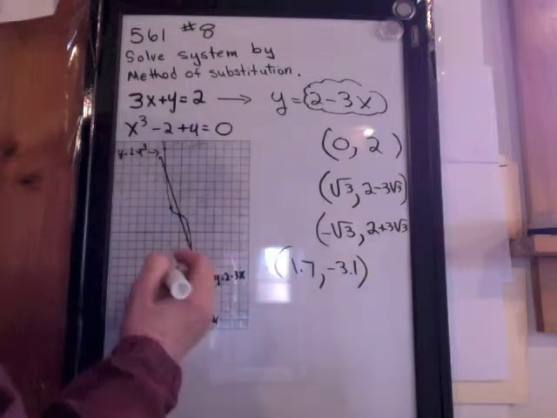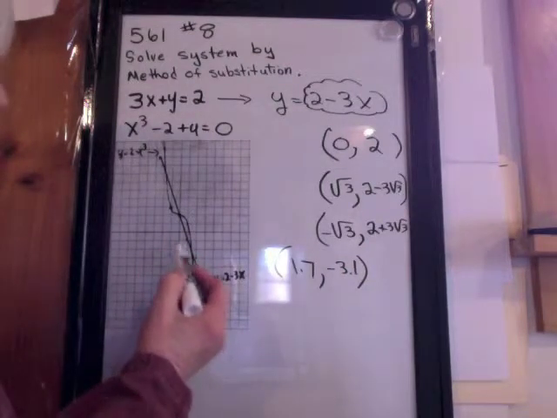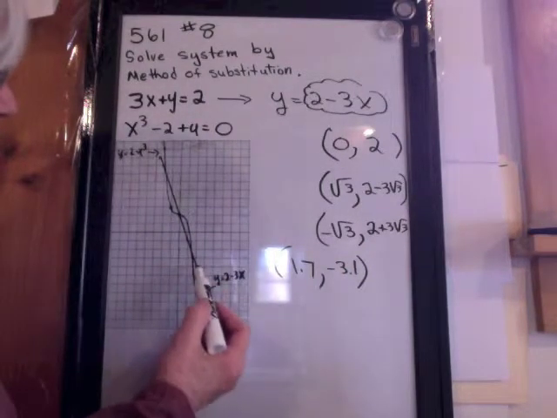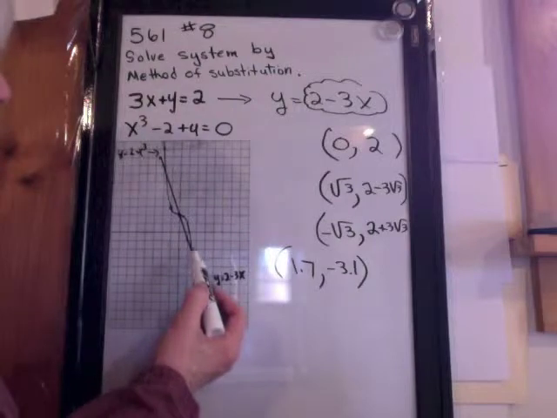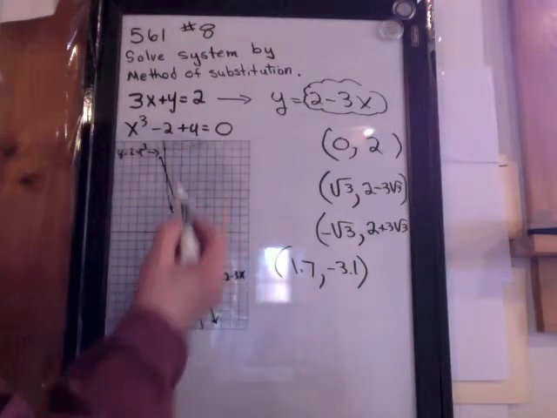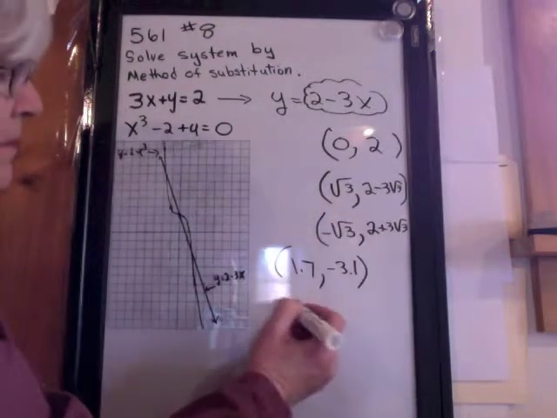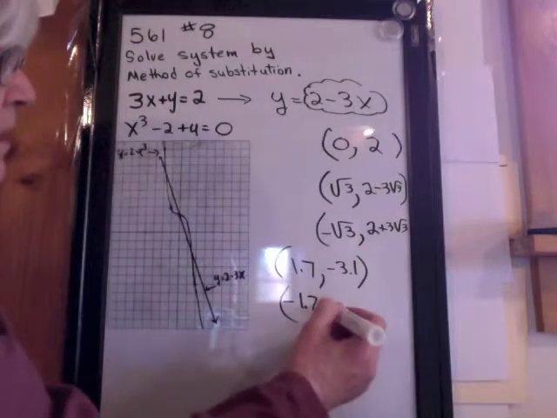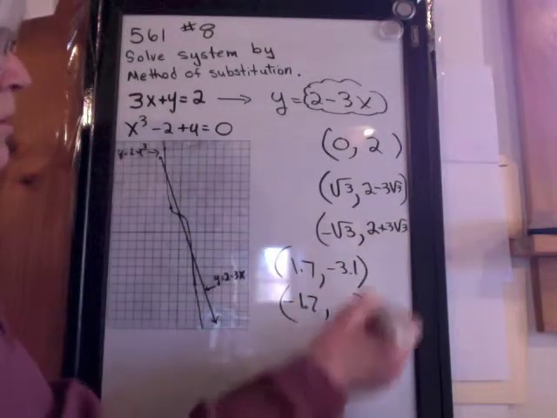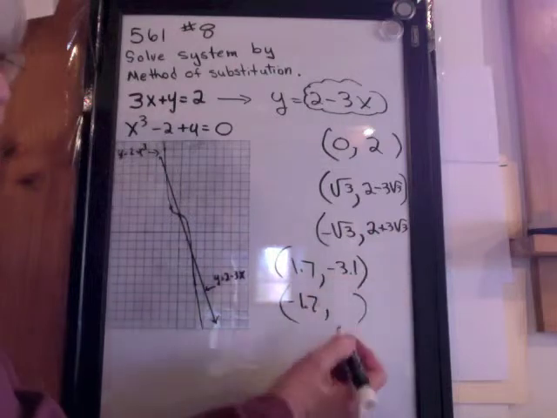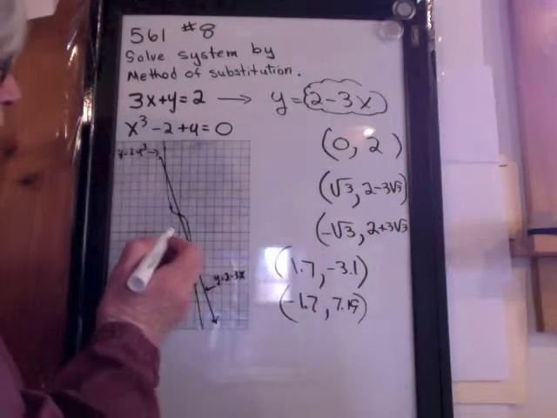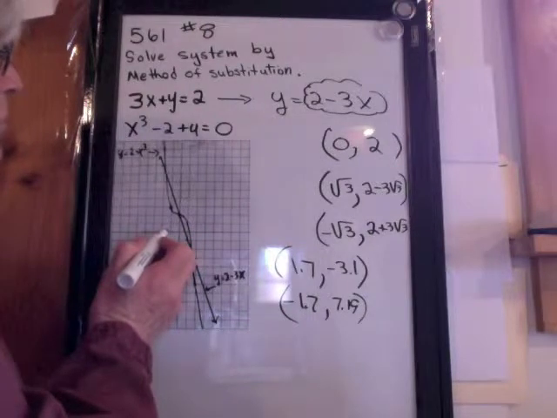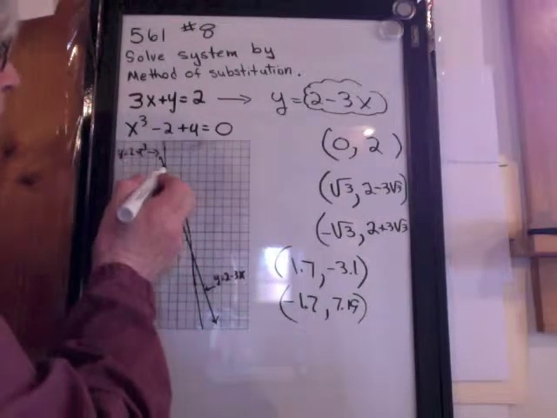So if I look at that over and see where that intersection occurs, it's down about 3.1 and over 1.7, and then this other one is negative 1.7 and over, let's see, 7.19. So over a little, almost over to the 2 and up to 7.9.